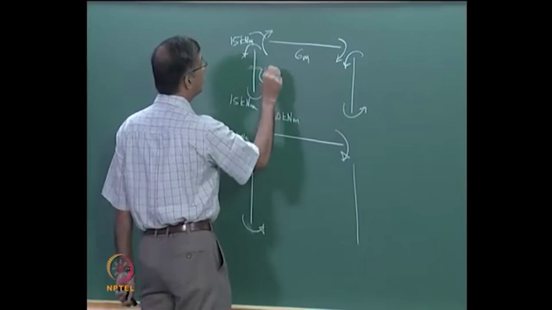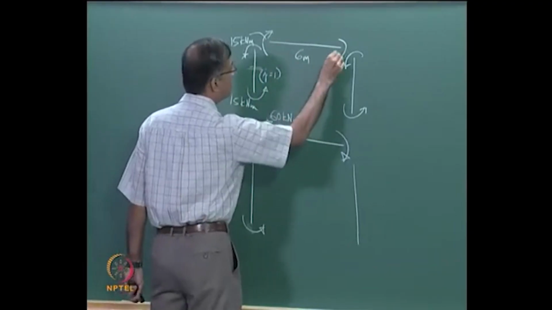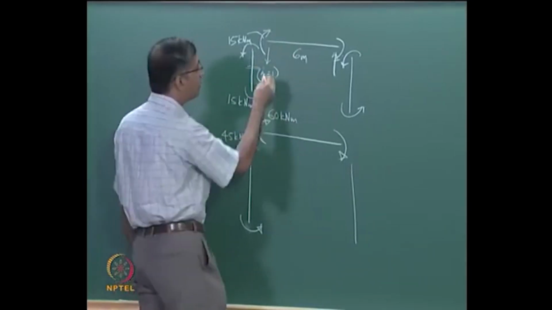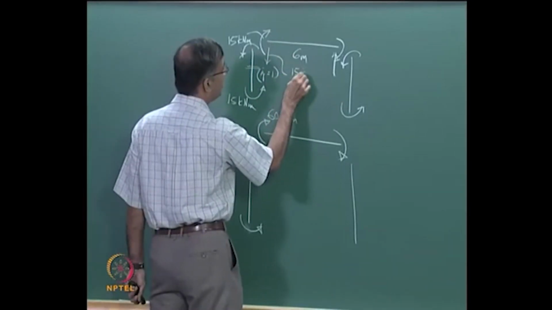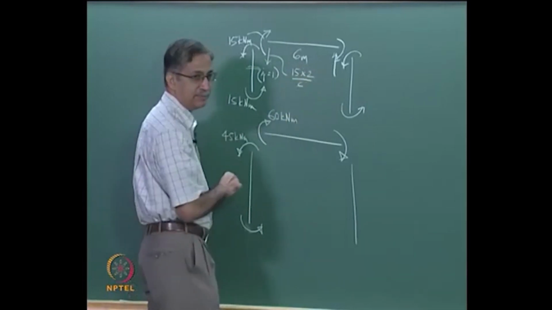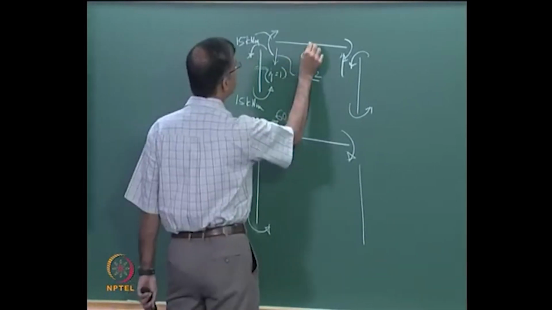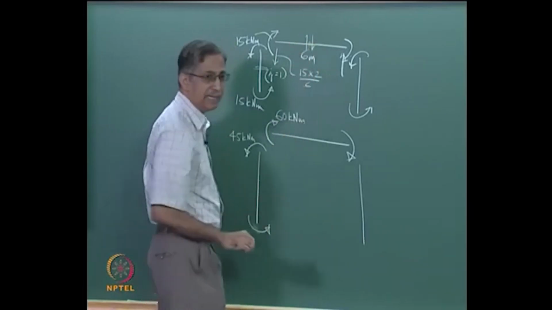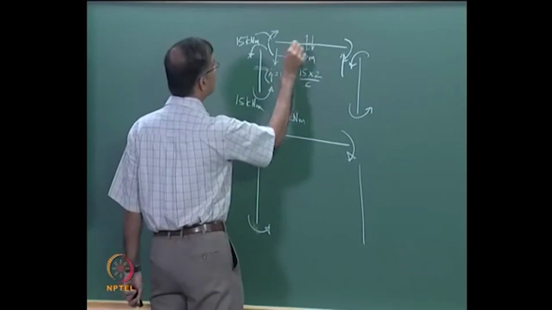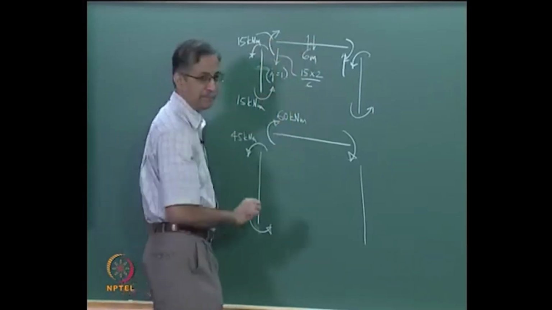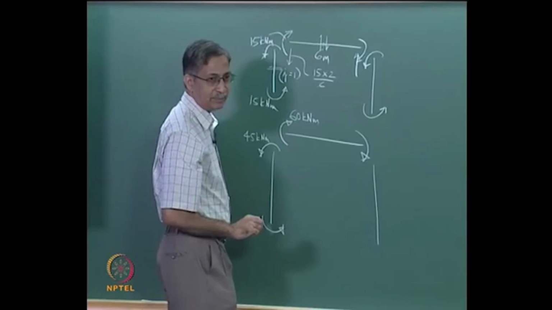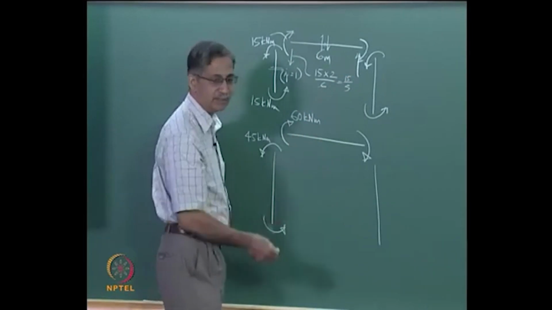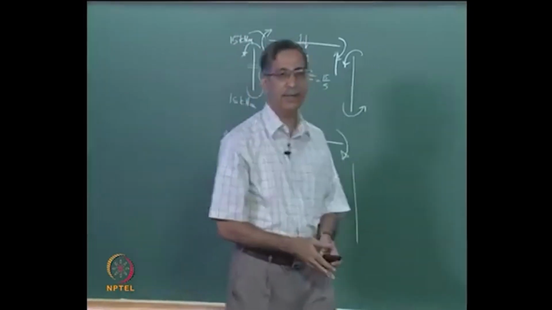So you will have a vertical reaction like this, right? This is the couple. So what will be this value? It will be 15 into 2 by 6. Another way to put it is you have a hinge there, so you can draw arrows like that. So you could say this is nothing but this divided by 3. It is the same thing. So this is same as 15 divided by 3, which is 5. So you can work out the beam shears and so on and so forth.